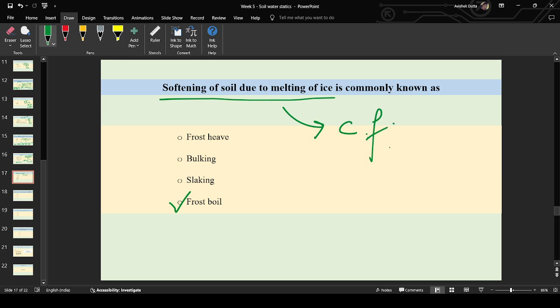There, when the ice melts, the phenomenon is called frost boil. What happens is the consistency increases, not the consistency index, by the way. That is the ease of deformation. The soil can now be easily deformed because the moisture content increases. So yes, softening of soil due to melting of ice is called frost boil.